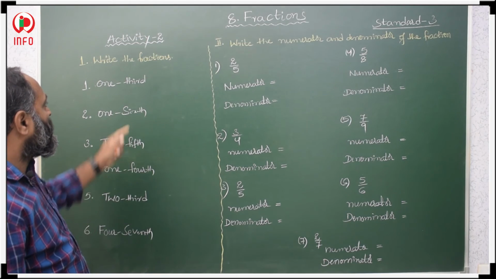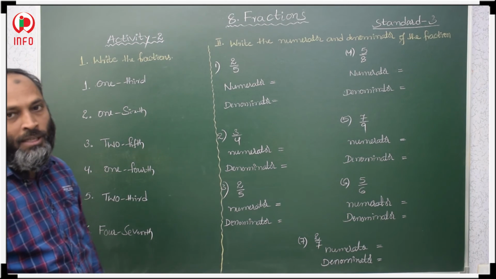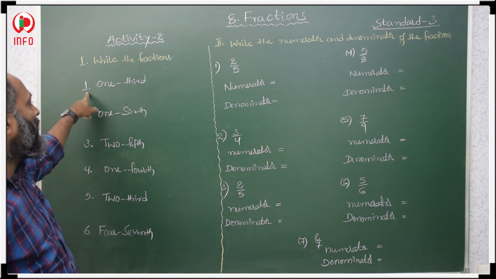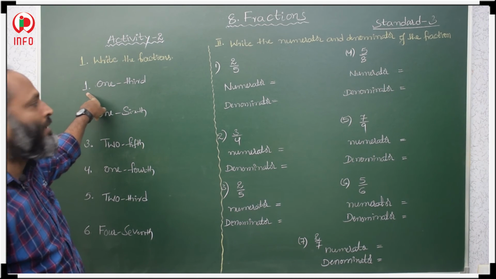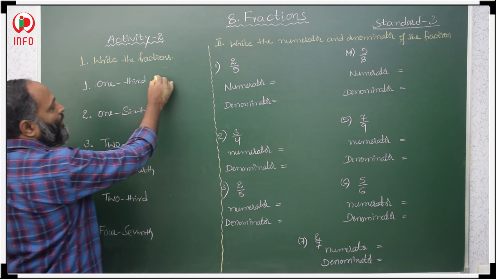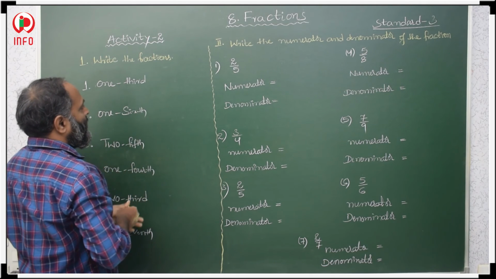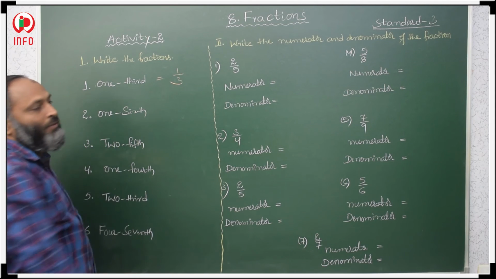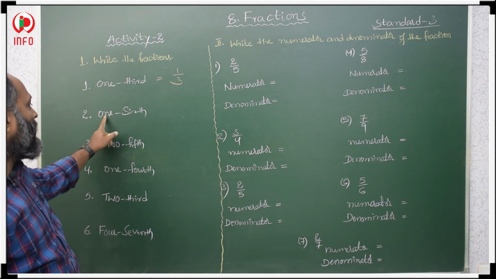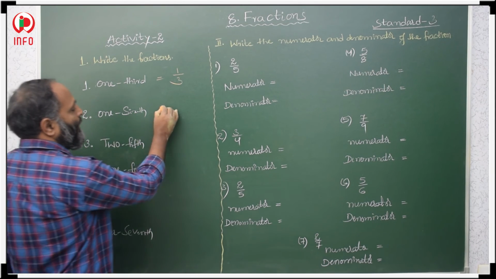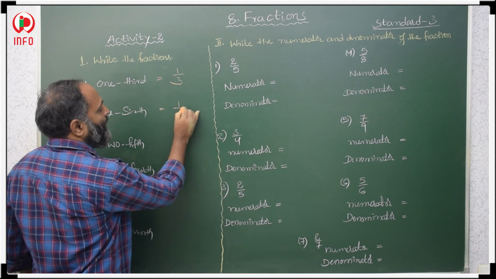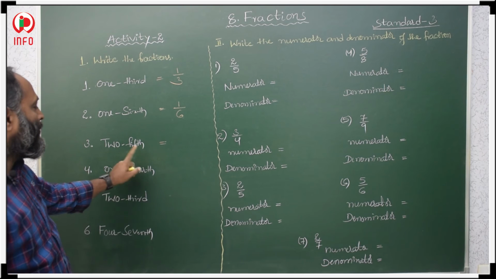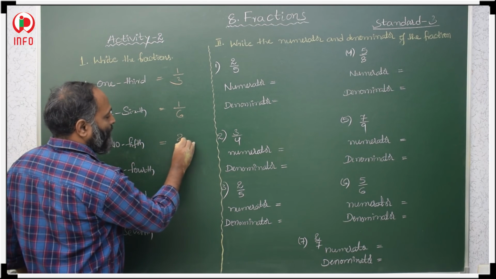Now, the next one. Write the fractions. In activity 2, the first question, we have to write the given ones as fractions. 1/3 means 1 by 3. 1/6 means 1 by 6. 2/5 means 2 by 5.